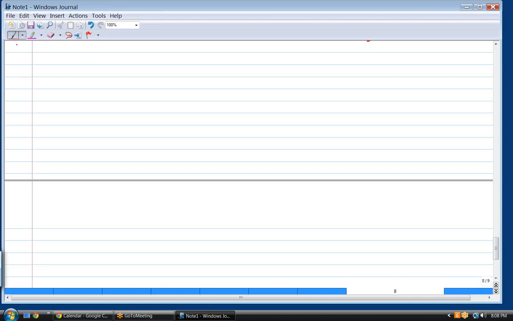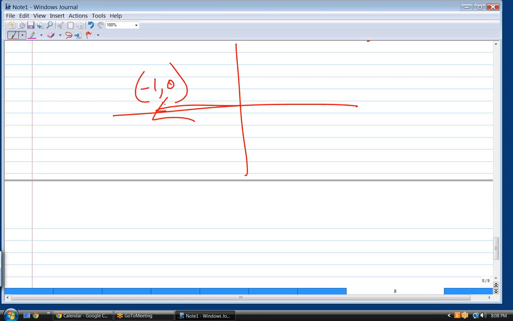And what was that little quiz thing that you wanted to do? What's the direction angle of that vector if the coordinates on that vector are -1, 0? That would be 180 degrees.